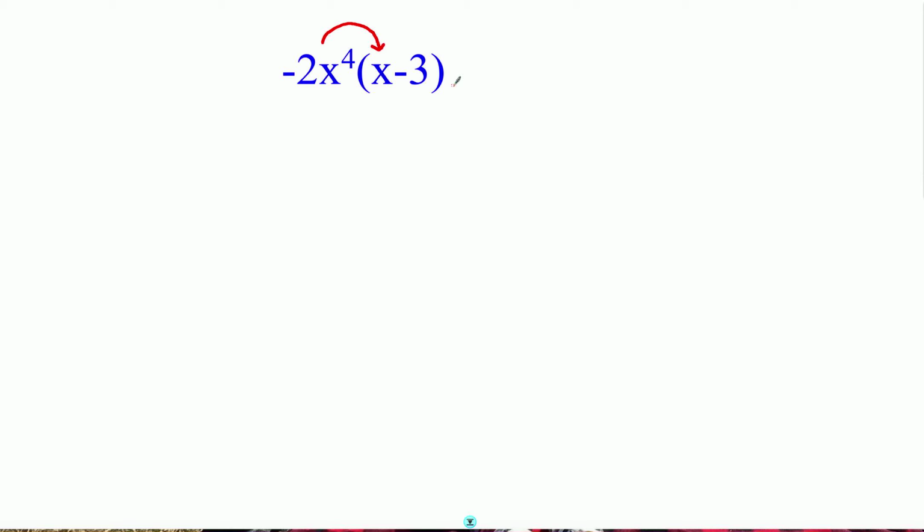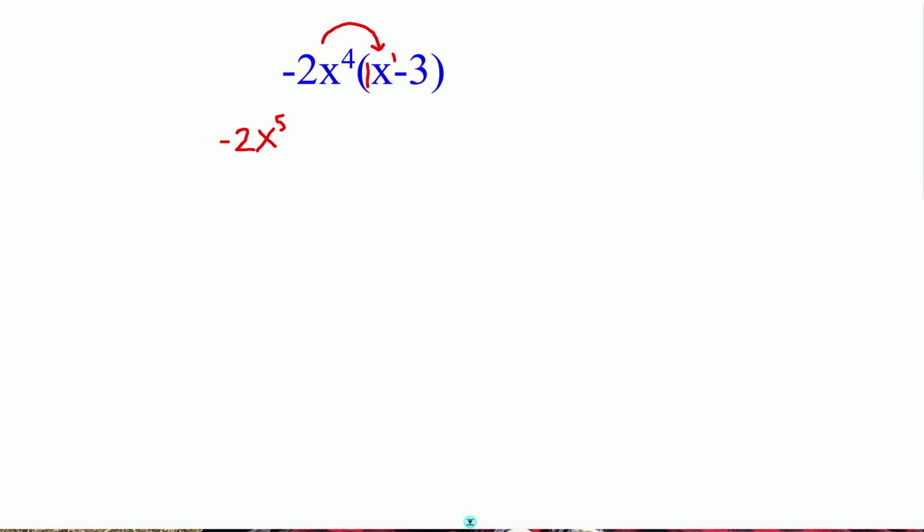So negative 2x to the 4th times x to the 1, I am multiplying, so that would give me negative 2, because really there's that 1 here, so negative 2 times 1 is negative 2. And x to the 4th times x to the 1 is x to the 5th.